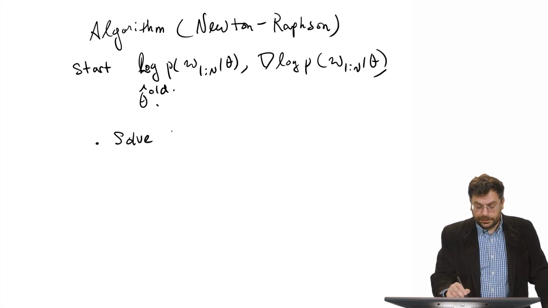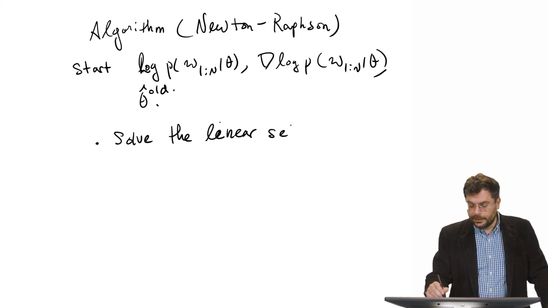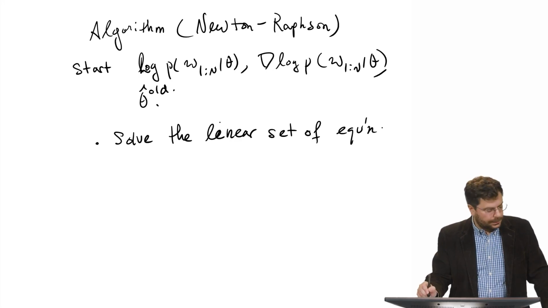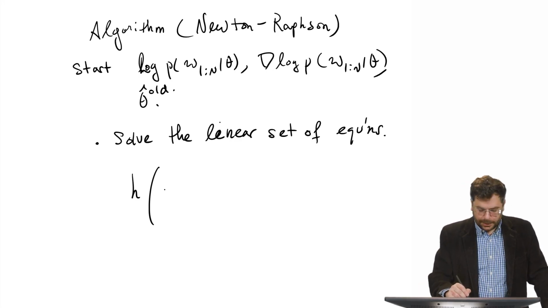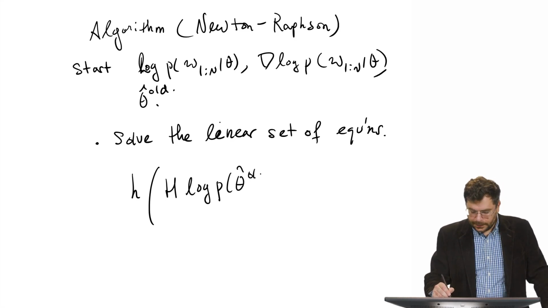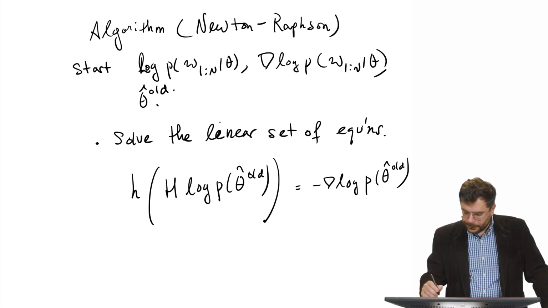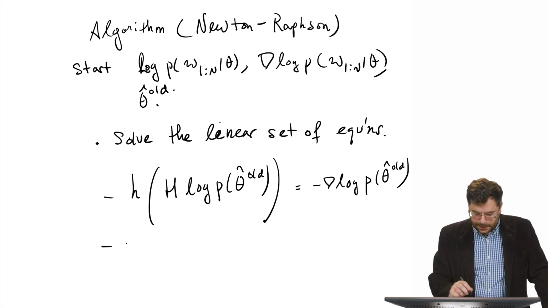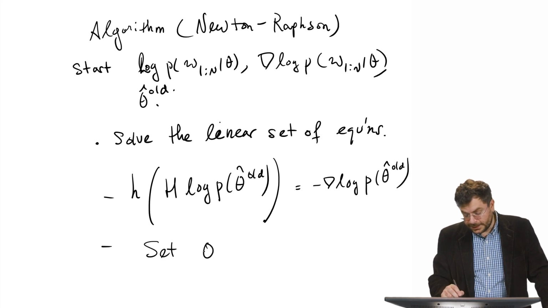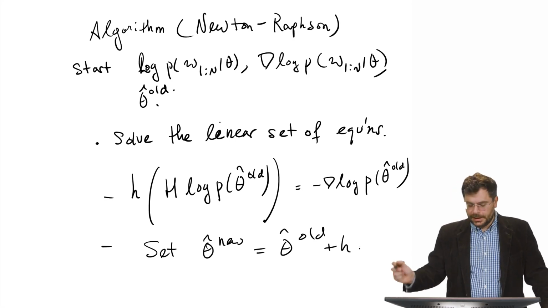You essentially solve the linear set of equations h multiplied by h log p theta old equals negative gradient log p theta old, and then ultimately set theta nu equal to your old theta plus the h.